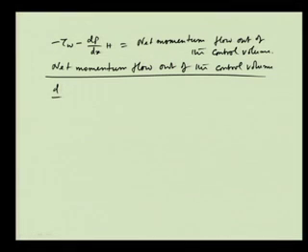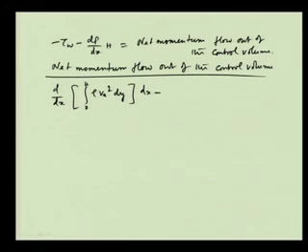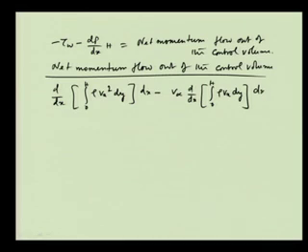If we add all the other things, we will find it. It is d/dx of the integral from 0 to h of rho v_x squared dy into dx, minus v infinity d/dx of the integral from 0 to h of rho v_x dy into dx.